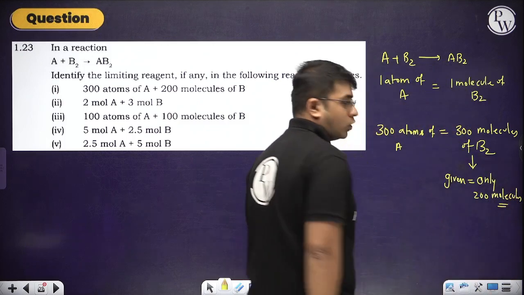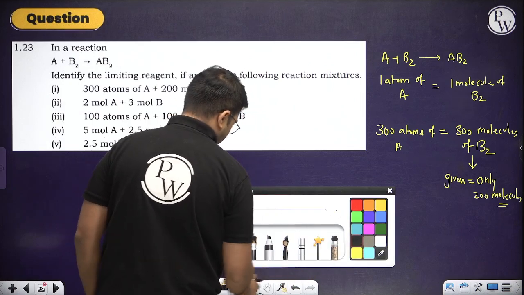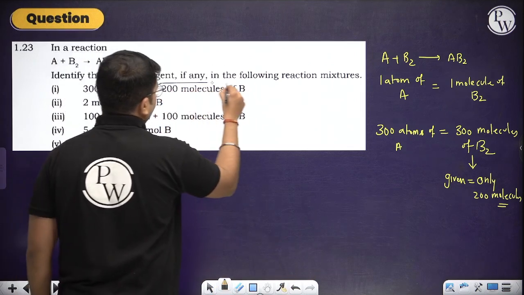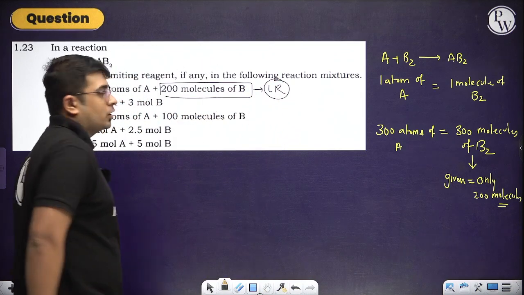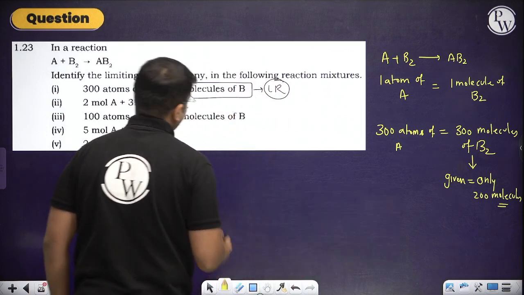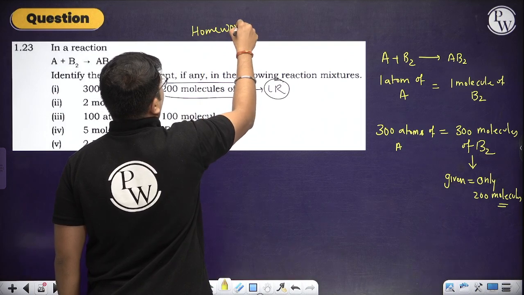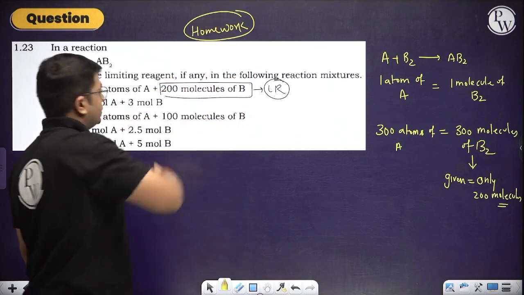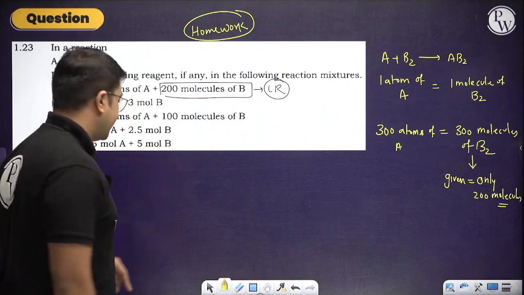If it is 200 molecules, you know that this is the limiting reagent. So you can say that B2 is going to be the limiting reagent, and that's how you can calculate the entire part. Okay, so I am giving the remaining part as homework. If you find any difficulty, definitely we will discuss that part. This question is again from your NCERT, the question of limiting reagent.